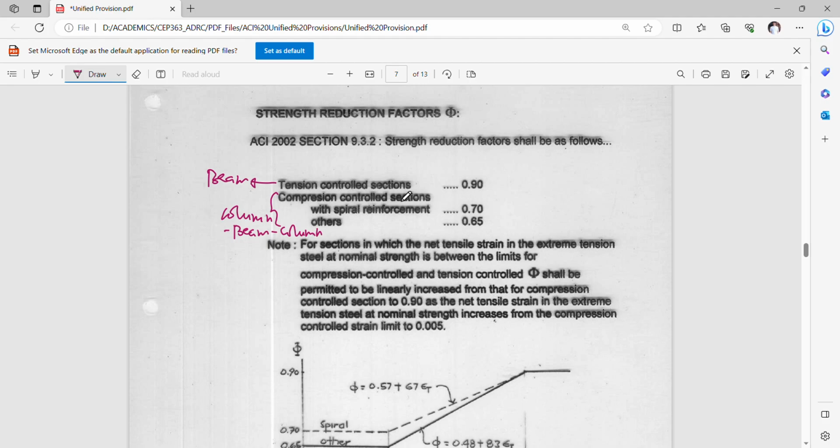Remember now that the terms for beams and columns are no longer the same, but the tension-controlled sections and compression-controlled sections are the ones being used, to make it more appropriate with the code that we are using today in terms of ductility, with the ratios of ductility. Case in point, a slight adjustment: this was formerly 0.75 and this was previously 0.70. Again, this is for tie and this is for spiral.